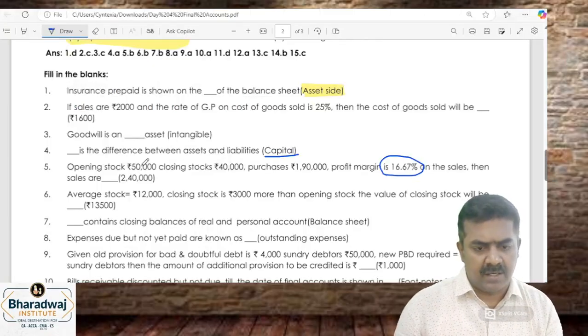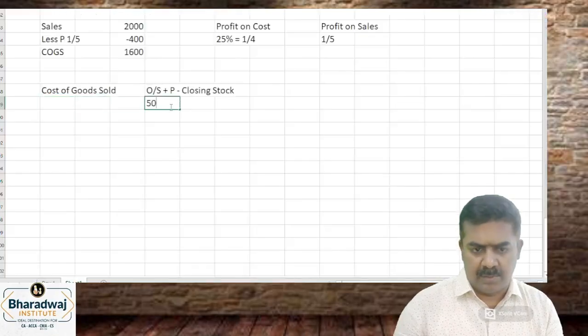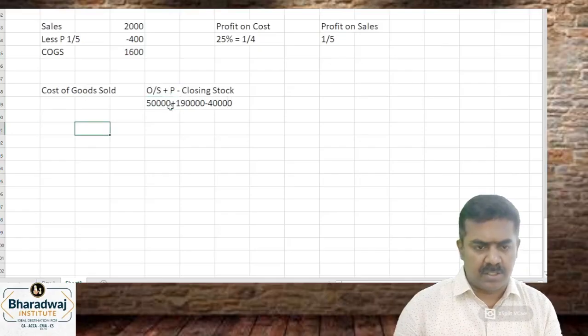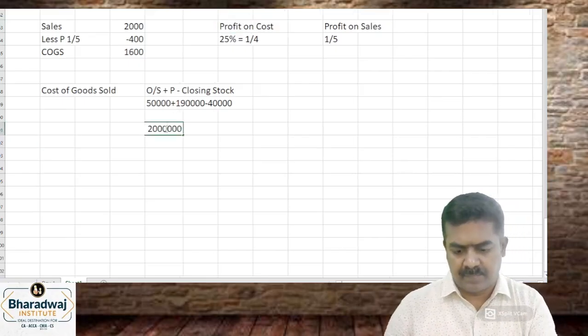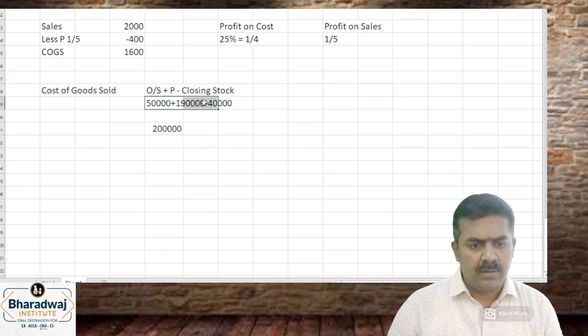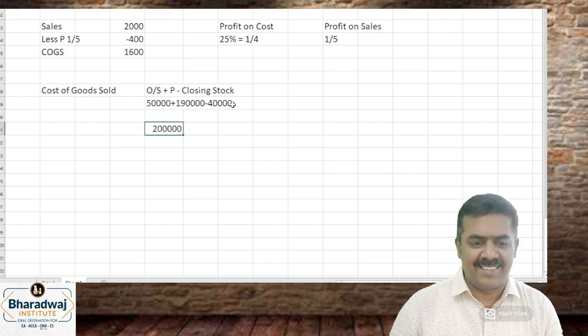Opening stock is 50,000 plus purchases 1,90,000 minus closing stock 40,000. Cost of goods sold is 2 lakhs. 2 lakh 40 minus 40 is 2 lakhs.